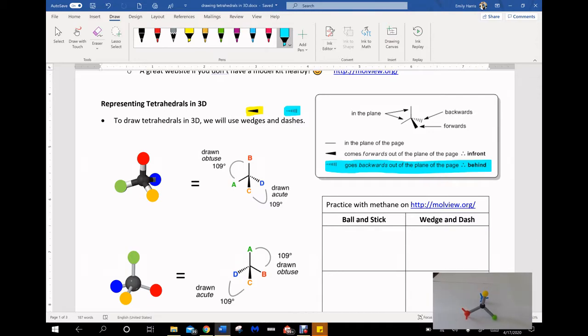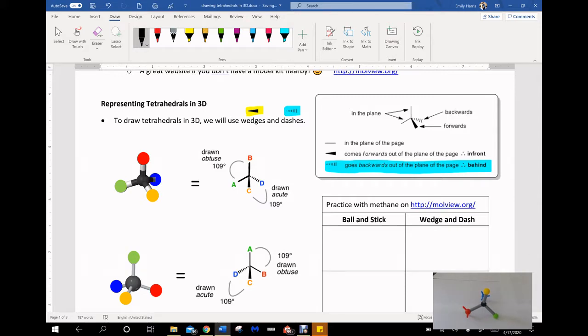Now, a little bit of a technicality when you're drawing these structures is, in reality, all of the bond angles within a tetrahedral are about 109.5 degrees. However, when we're drawing the tetrahedrals on our paper, we typically make the angle between the two plain bond lines look to be a little more obtuse.